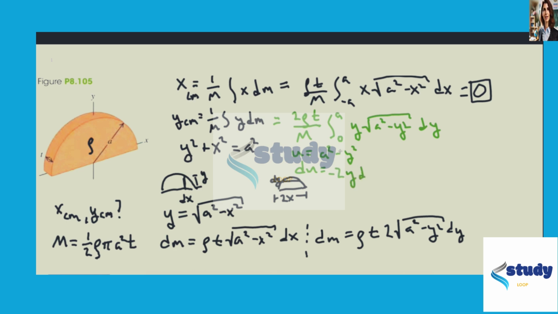So this is a substitution you want to use to evaluate this. And working through all that, you'll find that this is 4a divided by 3 pi, our y coordinate for the center of mass.